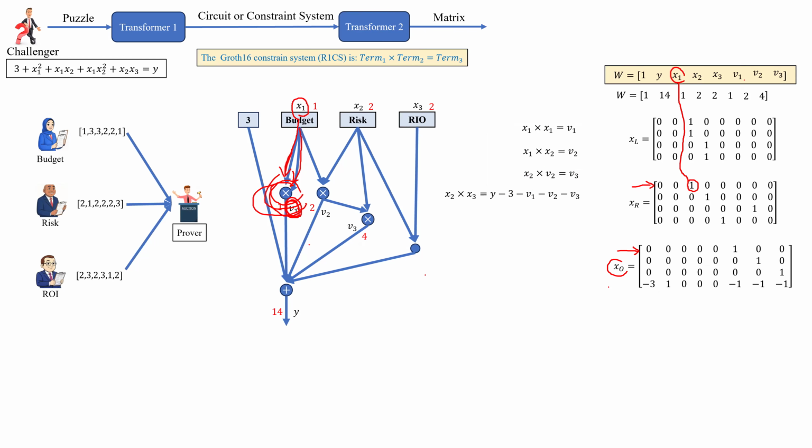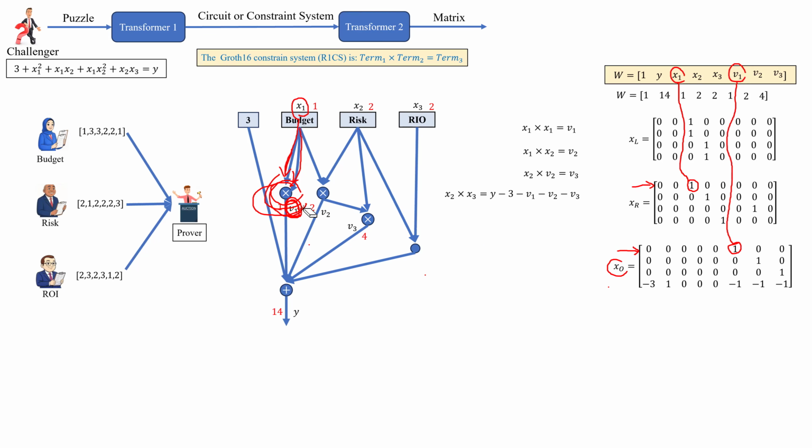So that's the reason I'm going to replace the position of V1 by 1 to show that the output of gate 1 is V1. Okay, now you understood how we fill the first row of the three matrices.